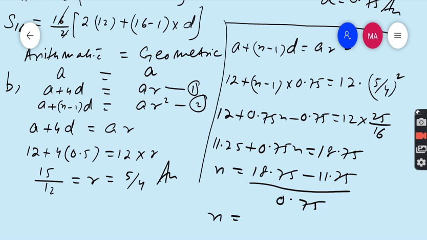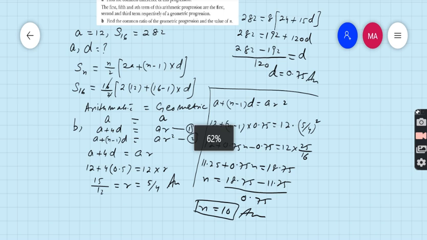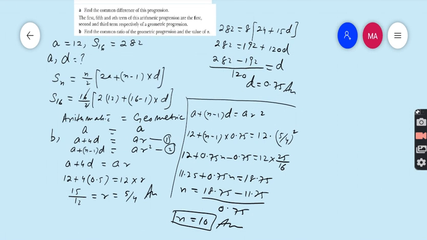Hence the final answer of n is 10. So you must know the proper use of calculator. Hope you understand the entire question. Question number 6. This is the summary of question number 6.